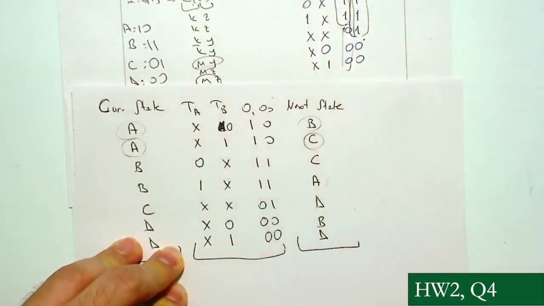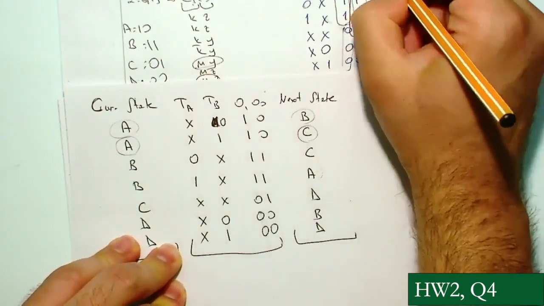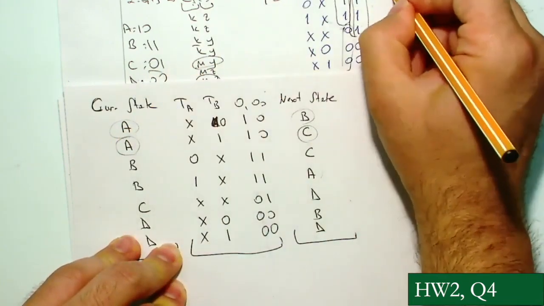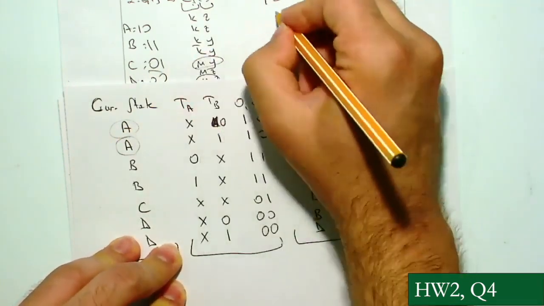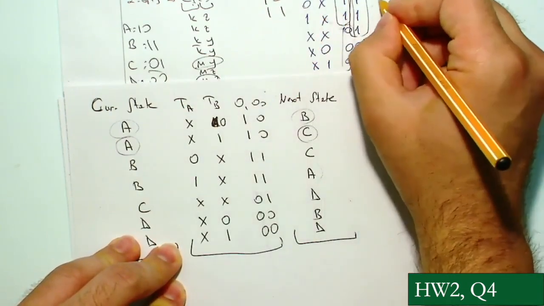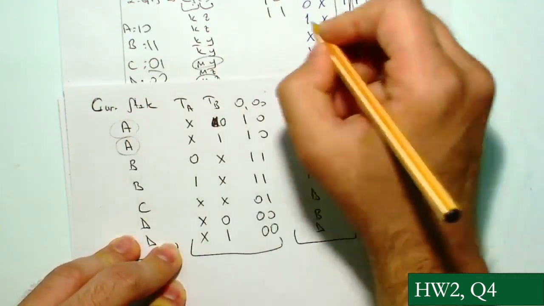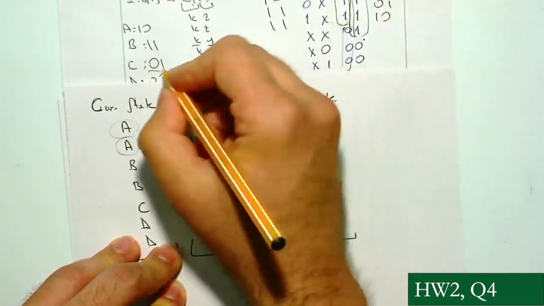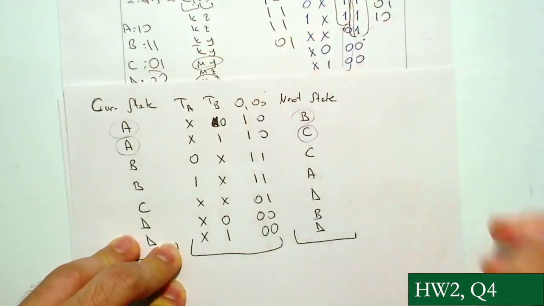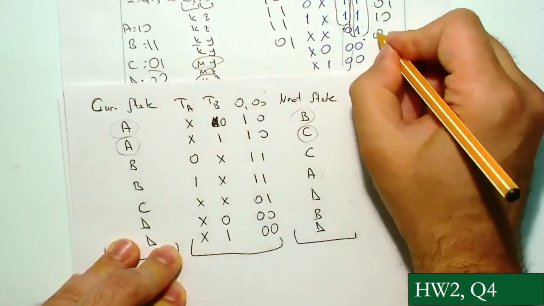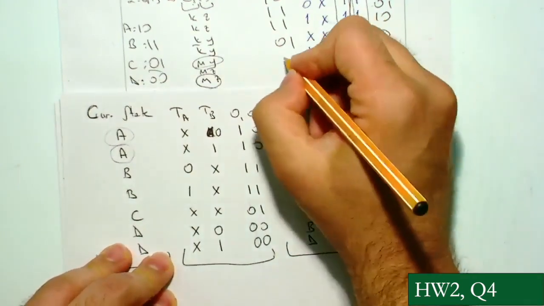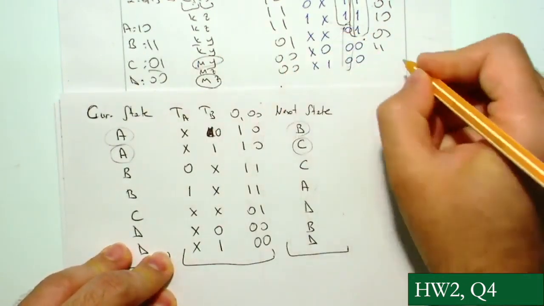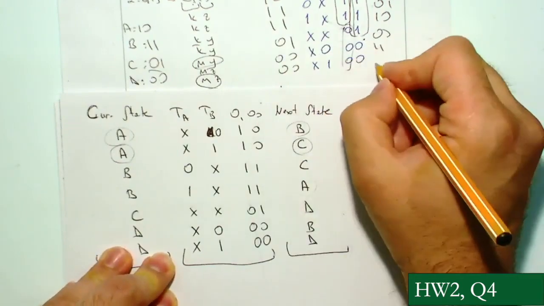This goes to B, which is 1, 1. This goes to C, which is 0, 1. 1, 1 goes to C again, C is 0, 1. B is 1, 1 again, and it goes to A, which is 1, 0. I have C here, 0, 1, and this goes to D, which is 0, 0. And D goes to B, which is 1, 1, and again D goes to D, 0, 0.